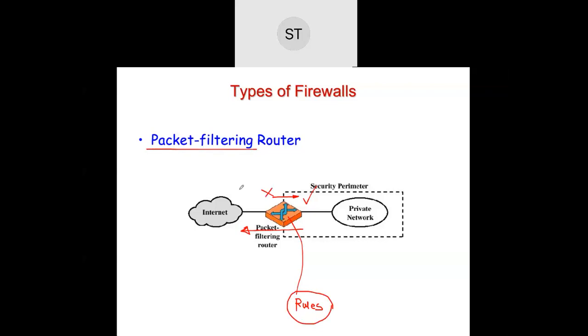Deciding the rules is a very difficult task for the administrator. That's why, yesterday at the time of discussion, what I said is, if I block some particular word which is there in the packet, what happens? Unnecessarily, important or useful sites also get blocked.